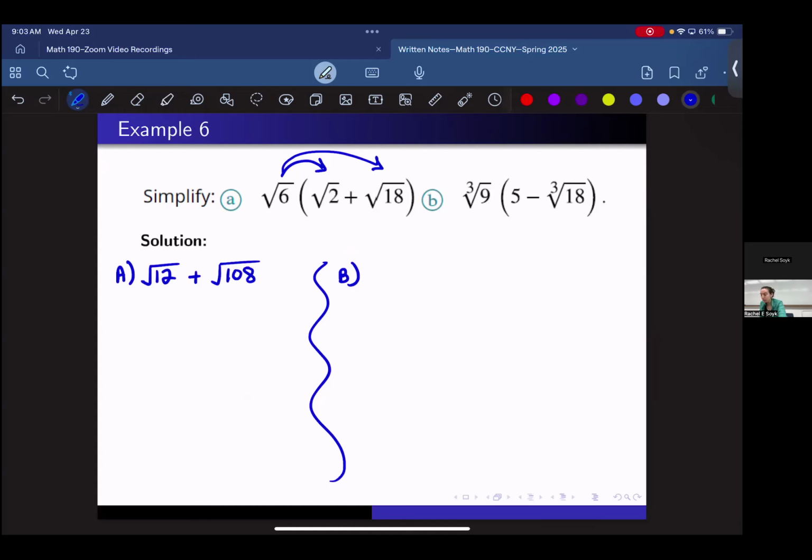And now let's simplify these radicals. Square root of 12, what's a perfect square that goes into that? 4. Can break that up into the square root of 4 and square root of 3. And then what's a perfect square that goes into 108? We know 4 goes in, but there might be another perfect square that goes in. Because 4 goes in, half of 108 is 54, and then half of 54 is 27.